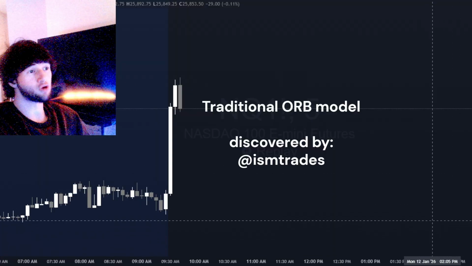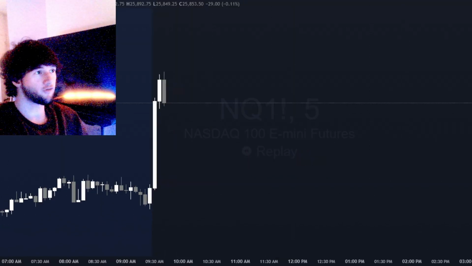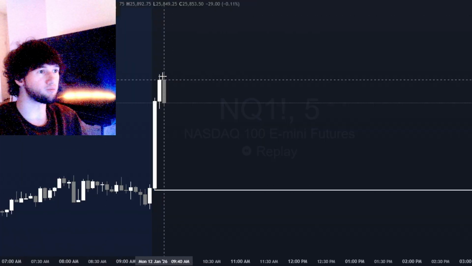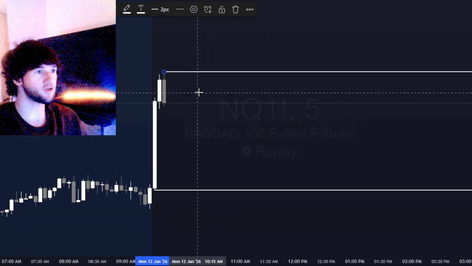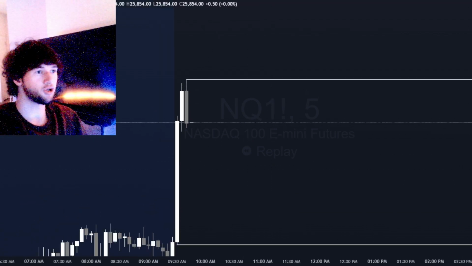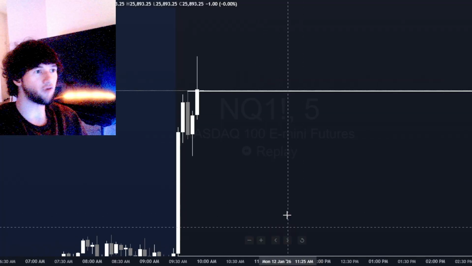So this is the most simple traditional orb model you can find. First, you start by marking the first 15 minutes of market open New York session from the high to the low on the 5-minute. From there, you wait for a candle closure outside of either side.